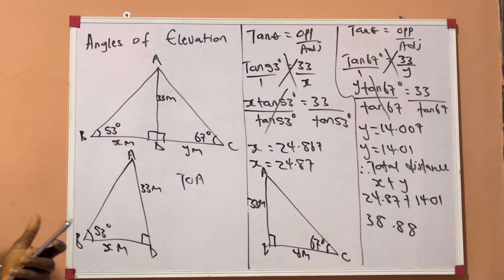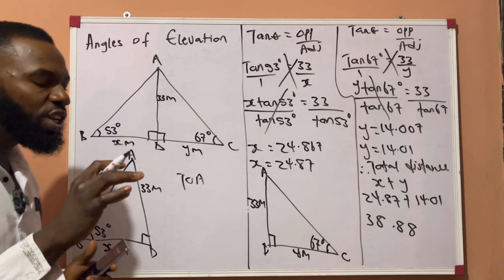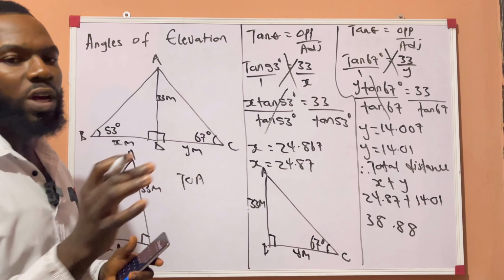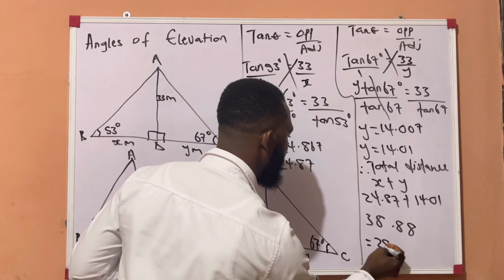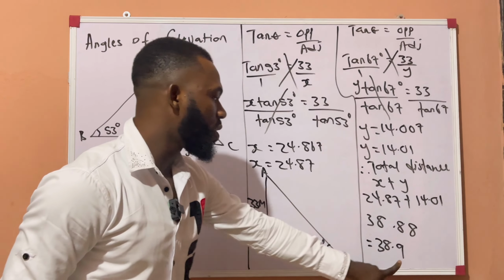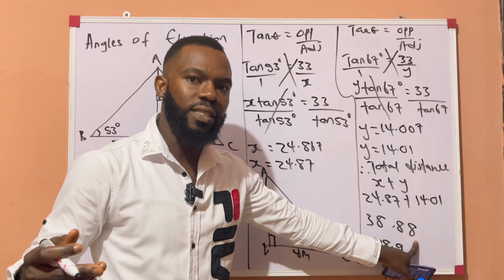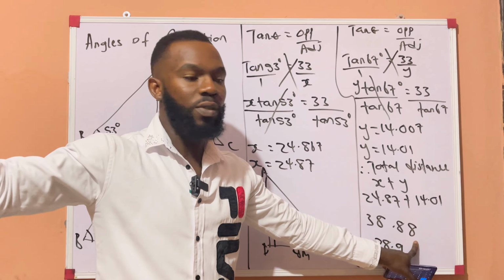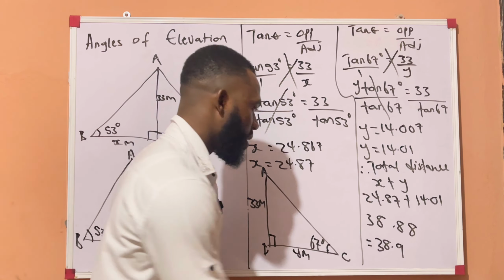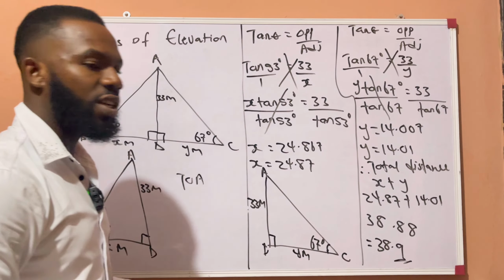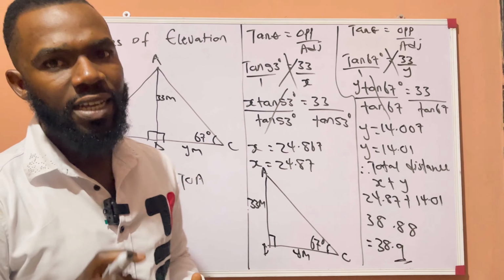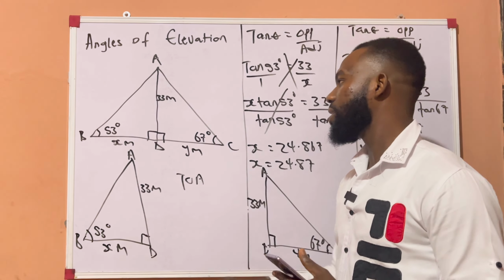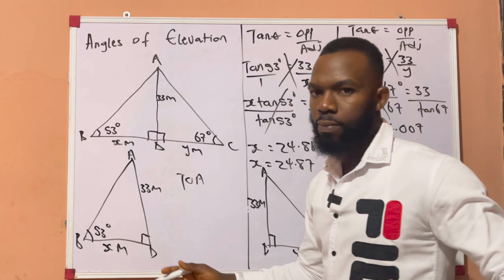But don't forget, we were told to calculate to 3 significant figures. So our answer becomes 38.9, because the number after the 8 is greater than 5, so we take it as 1 and add it to 8. So our answer to this question is 38.9 as the total distance between the points.